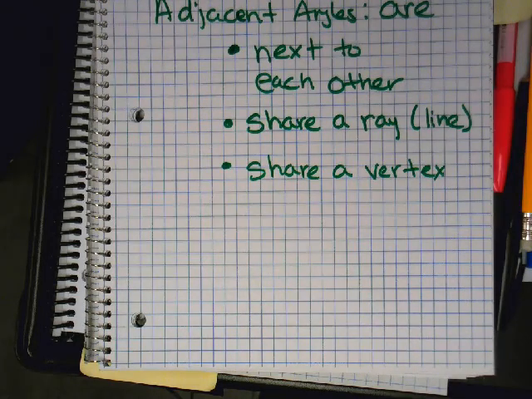Now this arm right here is called a ray. So this part is called a ray. This part is called a ray. So it's basically the lines that make up the angle. You know how you have to have two lines to make an angle? Those are called the ray. It's basically a line.